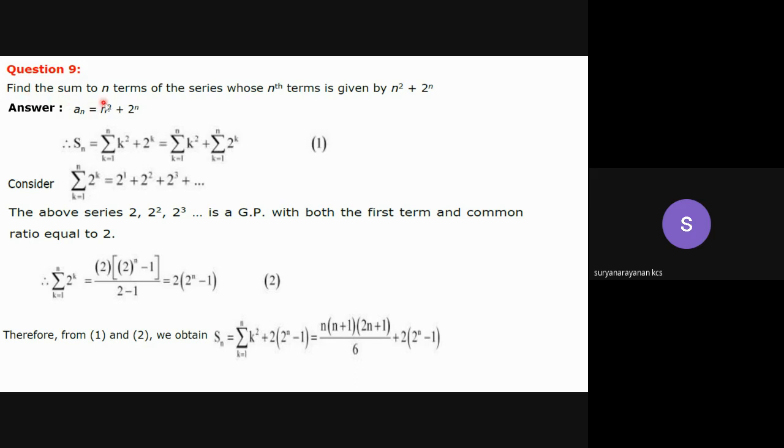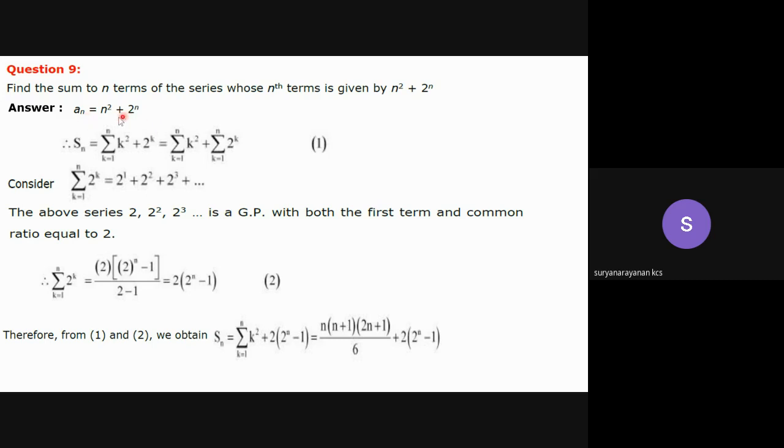Find the sum to n terms of this series whose nth term is given by n square plus 2 power n. This is the nth term of the given series. We have to find sum to n terms of the given series. Come to the solution. an denotes nth term of the given series, that is equal to n square plus 2 power n.